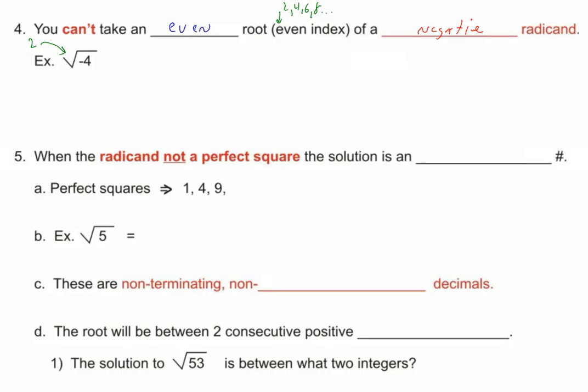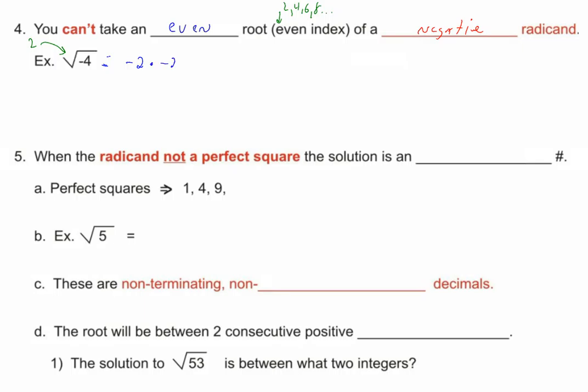Can anybody give me an answer? Go ahead, Amber. What's the answer? Okay, and that's great. So if negative 2 is the answer, this is what we'd have to do.